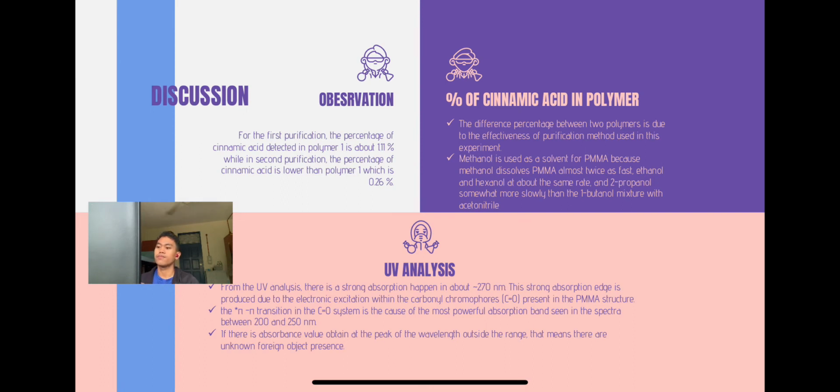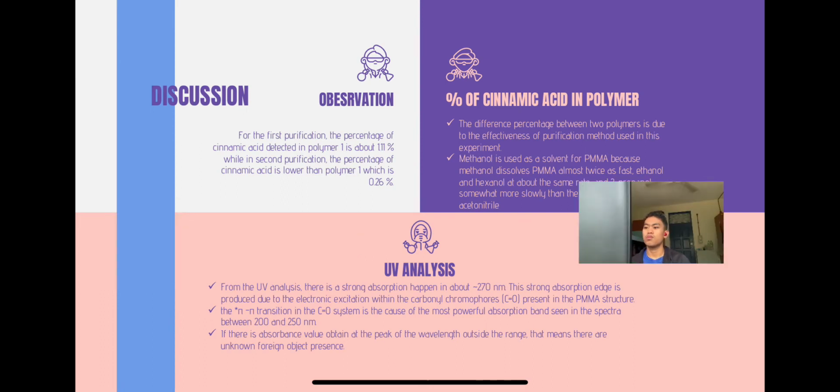For the UV spectroscopy analysis, the PMMA molecule can be detected at about 200 to 270 nanometer for both the first and second purification. This is because we use the same polymer, which means we will get about the same range of the peak.